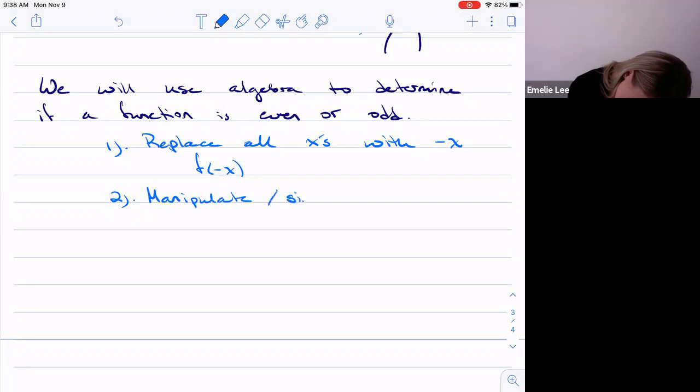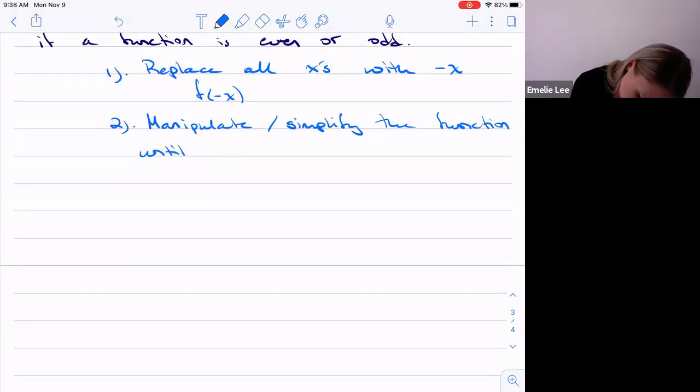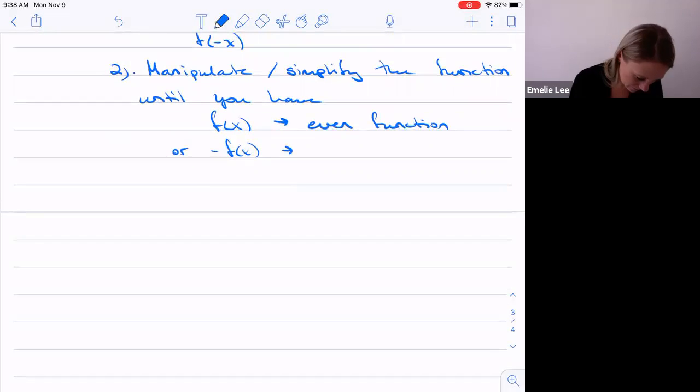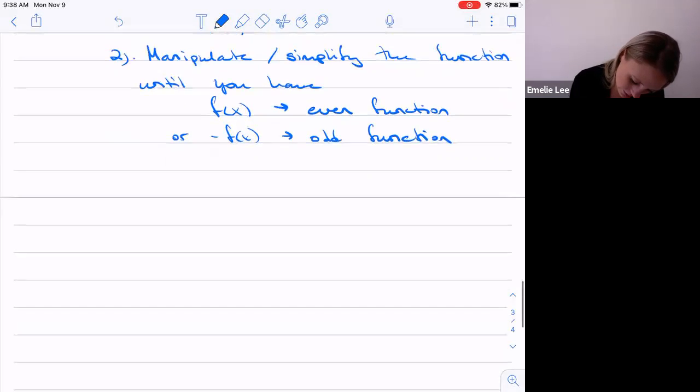Manipulate and simplify the function until you have f of x, which means you have an even function, or negative f of x, which means you have an odd function, or neither of those two, neither even nor odd.